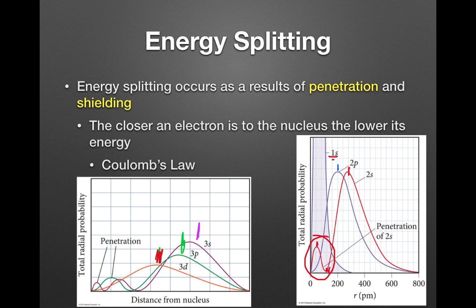The 3s has two areas of penetration that bring its electrons closer to the nucleus, and the 3p has one area of penetration that's closer than the maximum of the orbital itself. And so that penetration, that small probability of finding electrons close to the nucleus, lowers the energy of the 3s below the 3p and the 3p below the 3d. It's a weird concept.